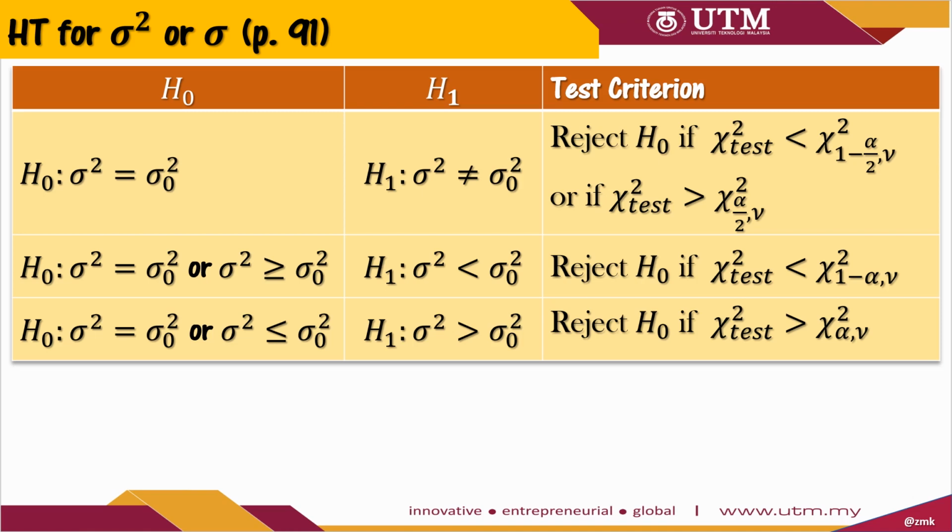The first choice of hypothesis test is a two-sided alternative hypothesis test when we want to test if there is any change or any difference in the value of population variance. Therefore, under H1, we have sigma squared is unequal to or different from a certain value, sigma naught squared.